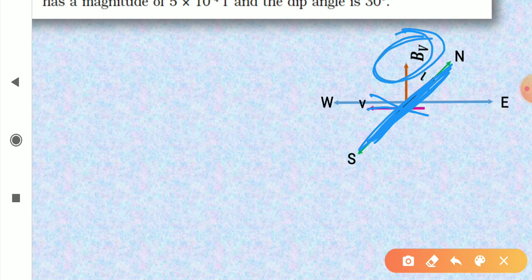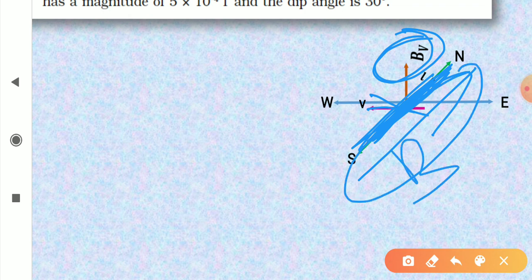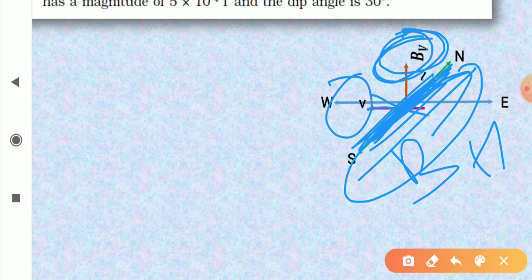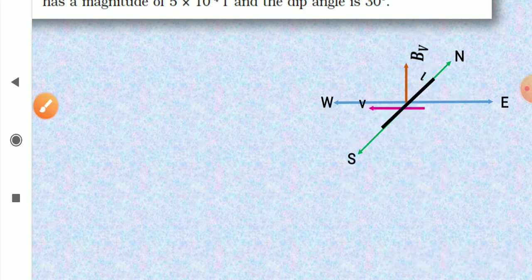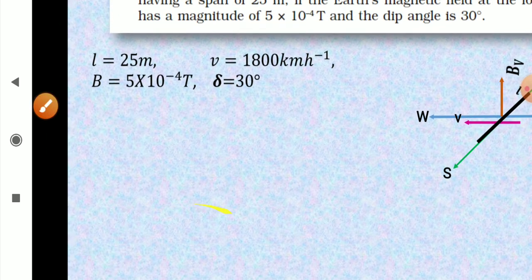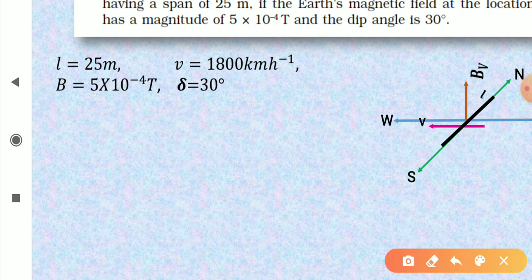It will not cut the horizontal component, since the horizontal component will be along this direction. It will cut only the vertical component at right angle. So here again, velocity, length and BV are perpendicular, and the EMF will be induced according to this relation.